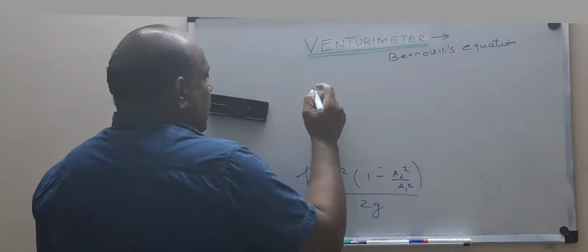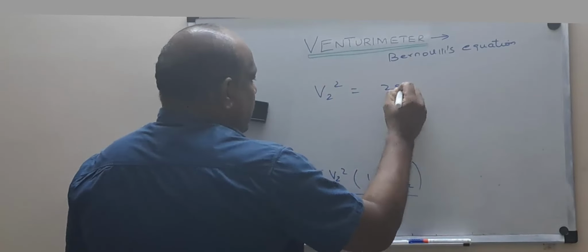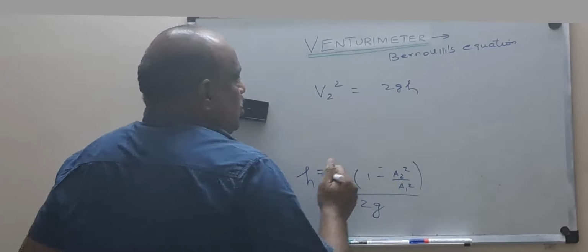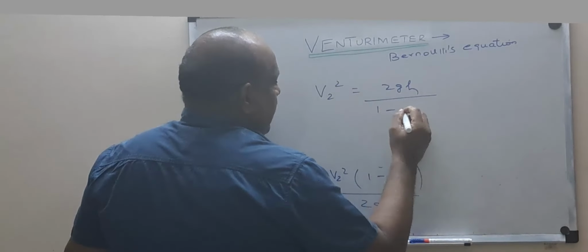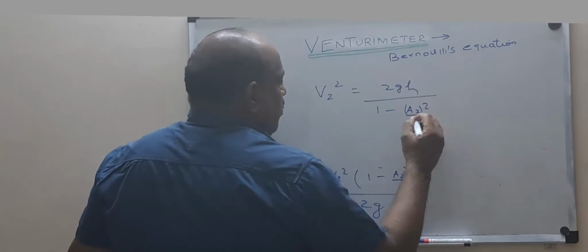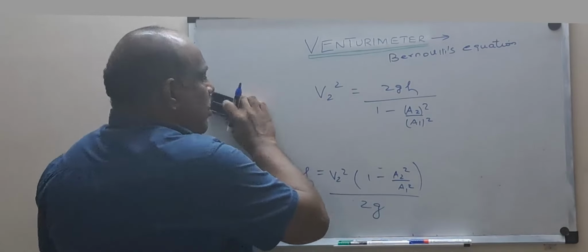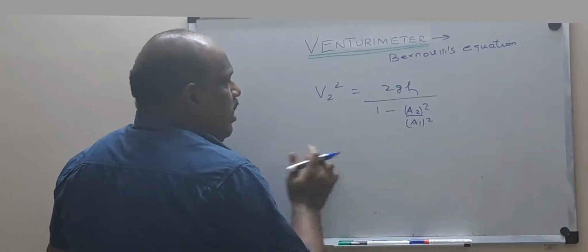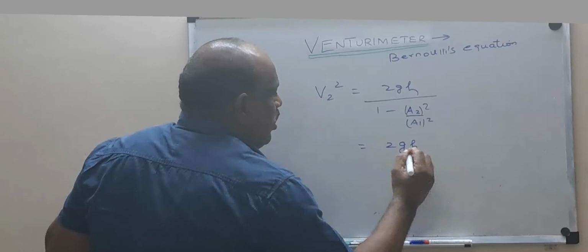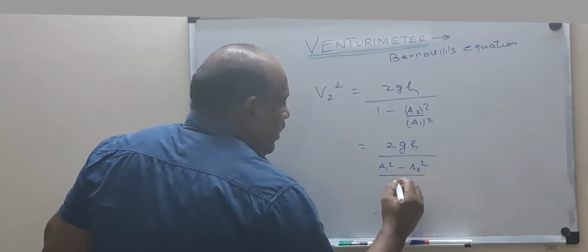So from this, what is V2? V2 squared will be equal to 2GH. I am taking 2G to this side. So 2GH divided by 1 minus A2 by A1 whole squared, or A2 squared by A1 squared. Both are same. This is nothing but my V2 squared. Or I can even take the LCM in the denominator: 2GH divided by A1 squared minus A2 squared by A1 squared.